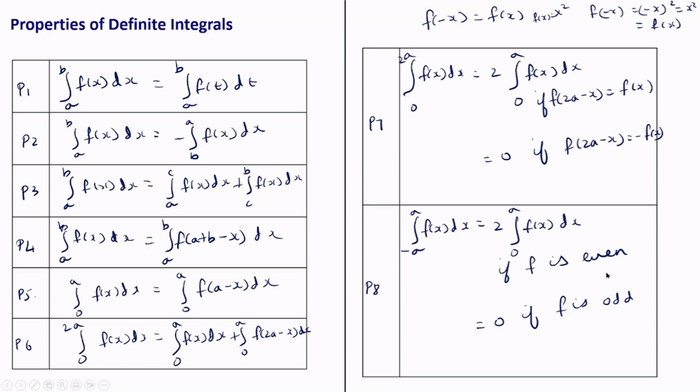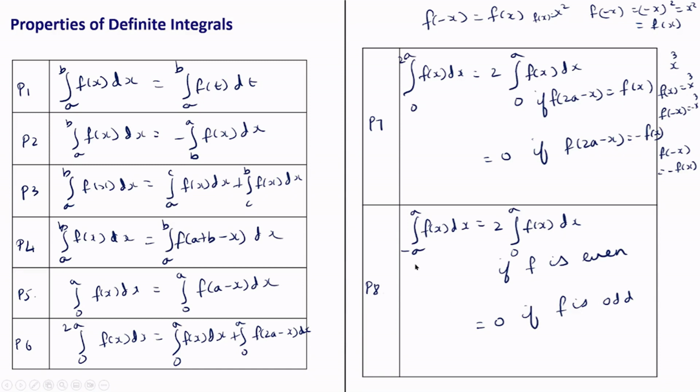On the other hand, if we have a function say x cube, here if we take f of x as equal to x cube, then f of minus x will be minus x cube. So here f of minus x is equal to minus f of x. As a result, this function x cube is an odd function.